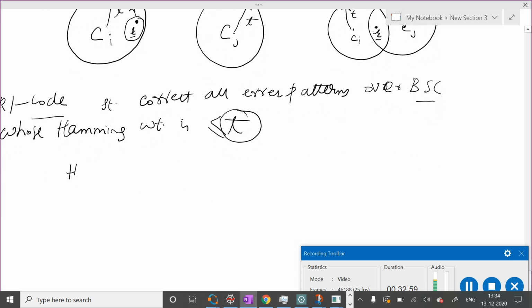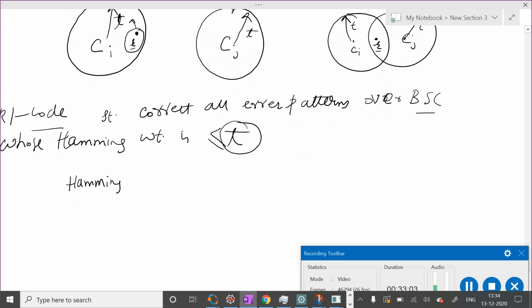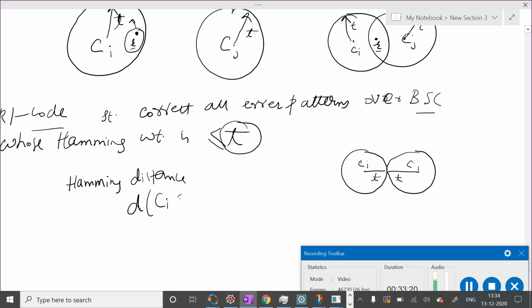So for the Hamming distance, what is the worst case? The worst case is that they are just touching each other. So this is t, this is t, this is CI, this is CJ. So the Hamming distance between the two codes CI and CJ should be greater than or equal to how much?